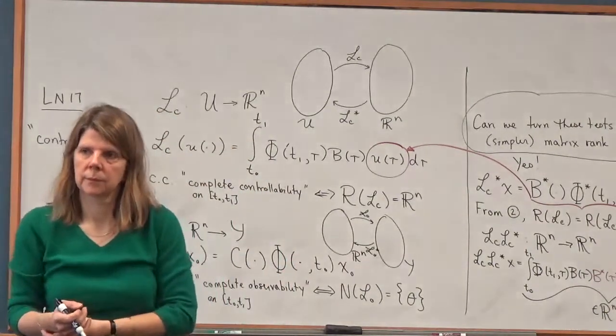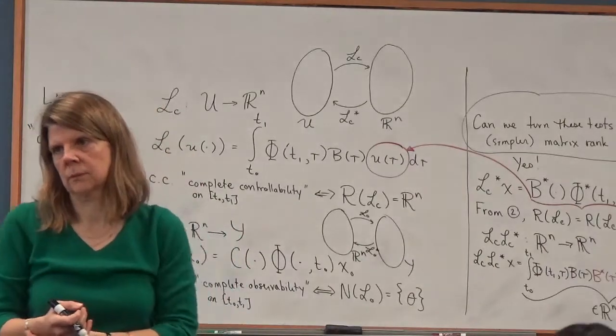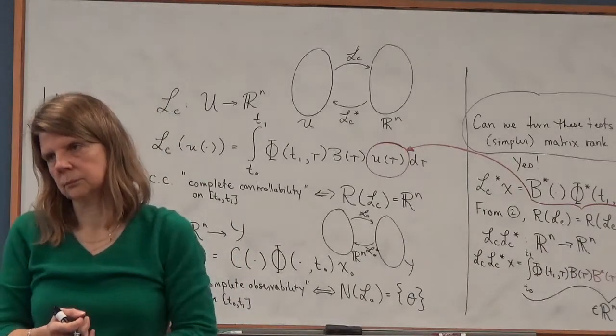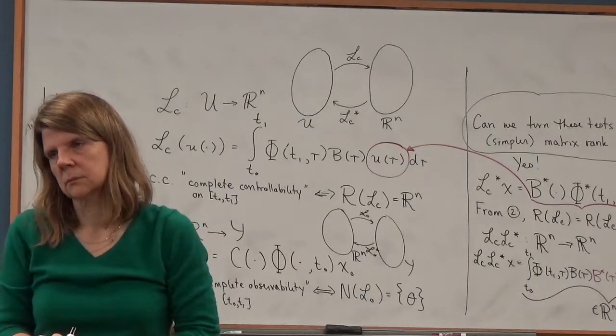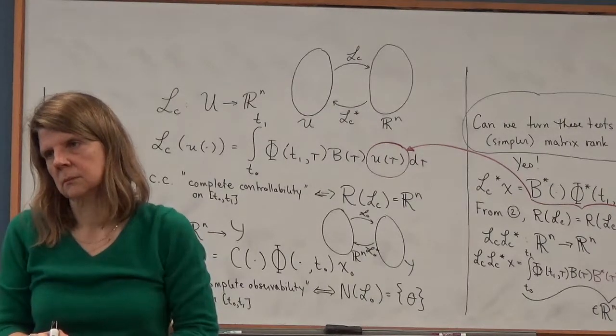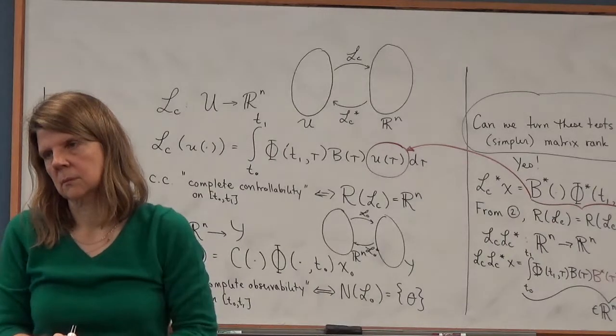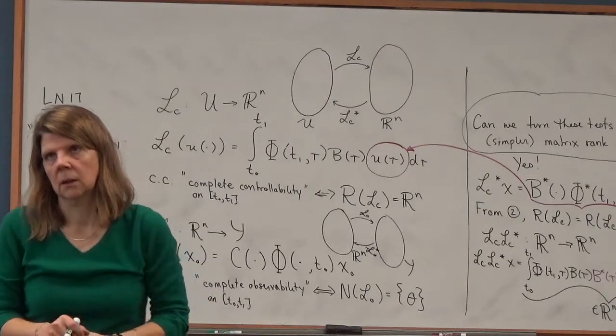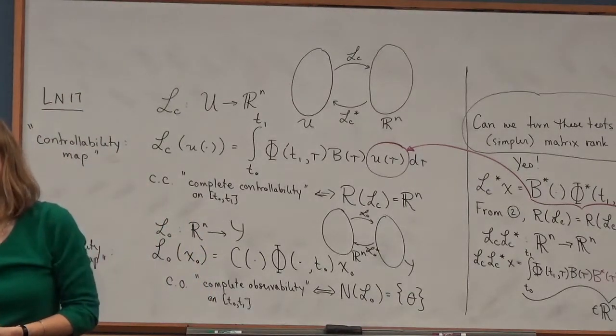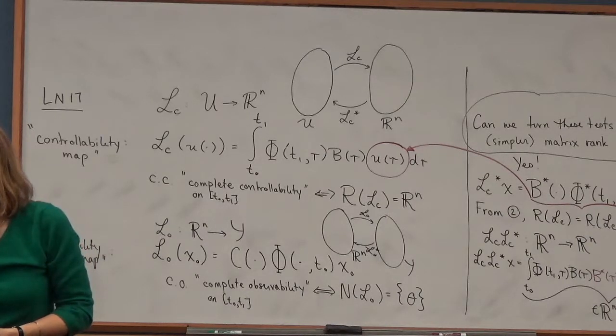I'm saying there shouldn't be a system where you bound the norm of the input and it's still completely controllable. It's not, if the system is BIBO stable, because then you have some bound on the norm of your output.